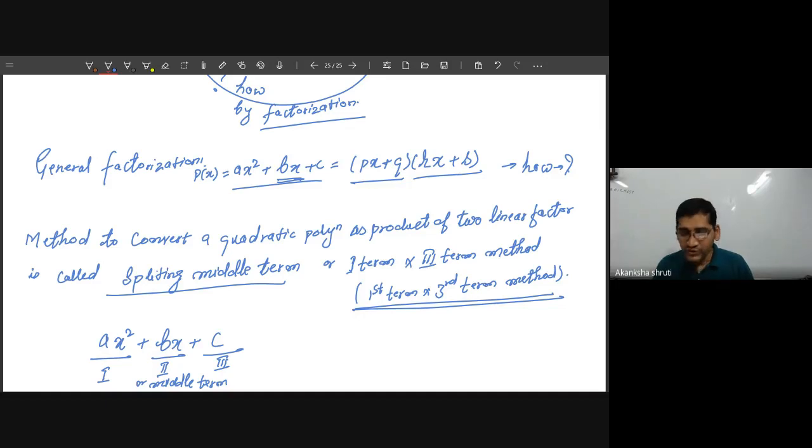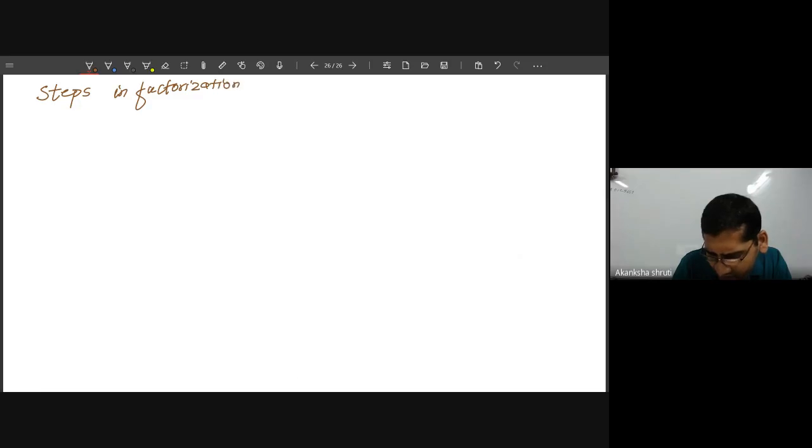So student, how to do that, I am going to write the steps. Please understand this very carefully. So what are the steps for factorization? The steps I will write in general form and side by side I will explain also.